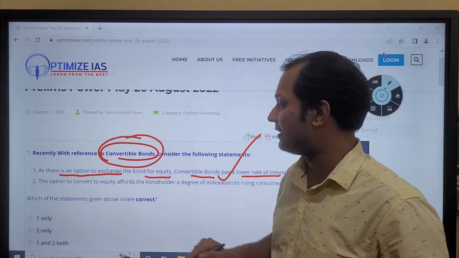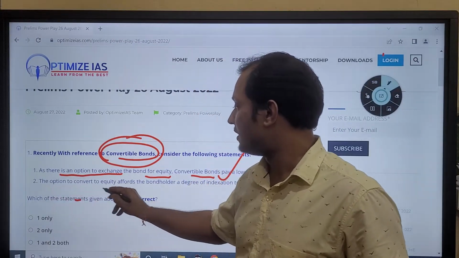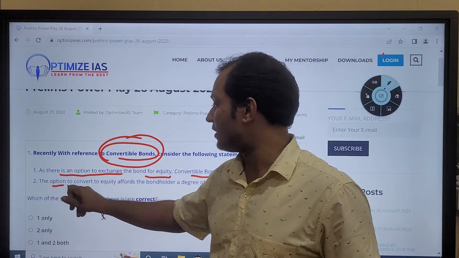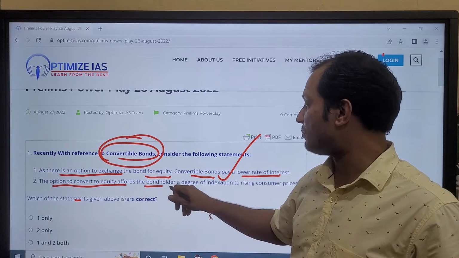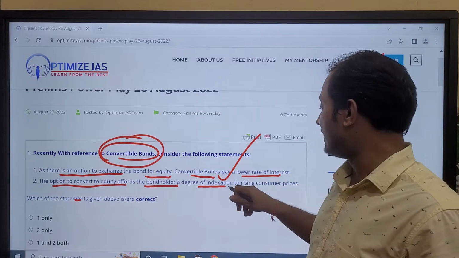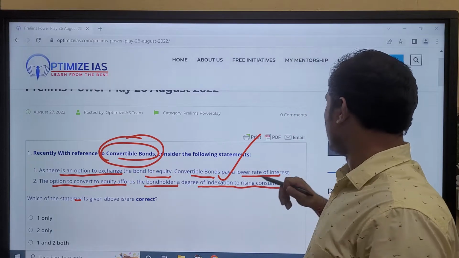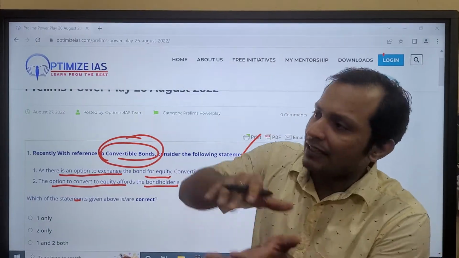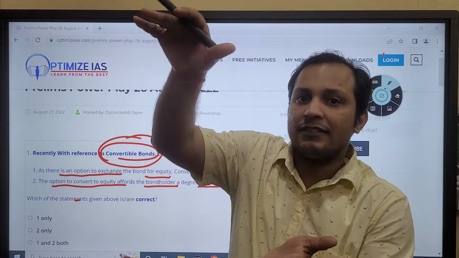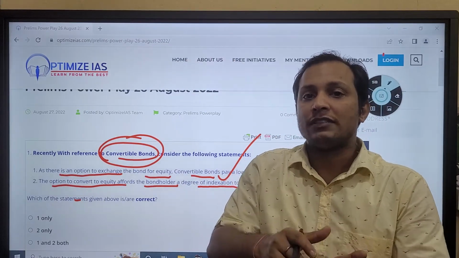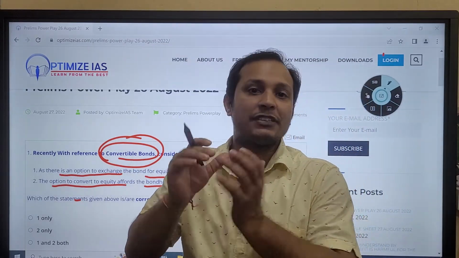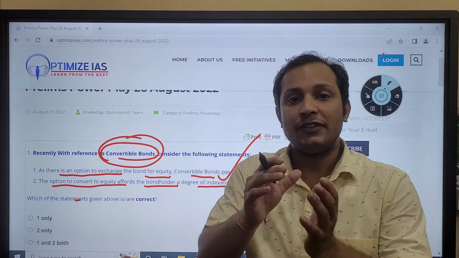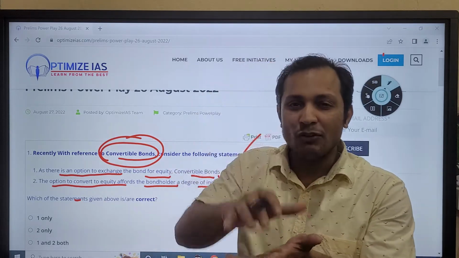The second statement says that the option to convert to equity affords the bondholder a degree of indexation to the rising consumer prices. Guys, what happens when the prices are rising, when the inflation is there? Fixed interest investments like bonds or fixed deposits, their value reduces.